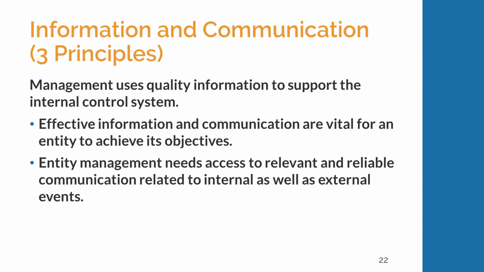A lot of our policies and procedures now might be on the web, on an internal web instead of external. Is that the way we communicate? Or do we send things out by email? We're trying to figure out your system for information and communication. And then not only is that internal, but also external in that process.